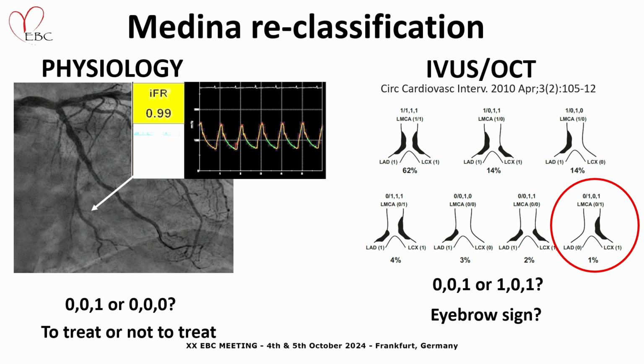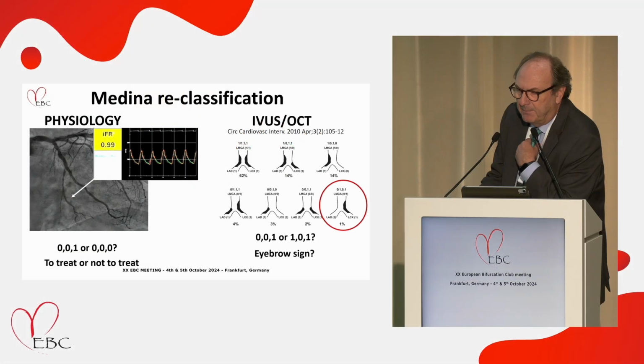And then, as also exposed brilliantly by Chema, the use of IVUS or OCT again reclassifies the type of Medina. So this finding is important in order to establish the therapeutic strategy.